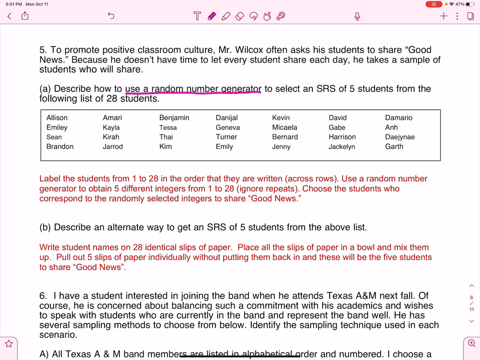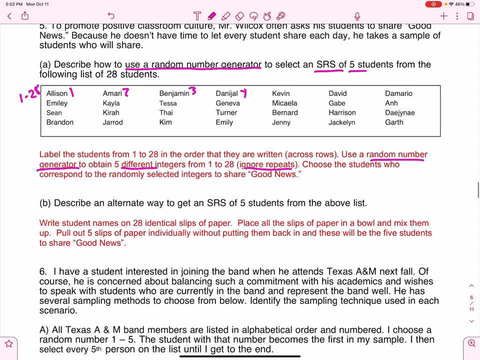I don't have a calculator on my iPad, so I can't show this to you here. For a simple random sample of 5 students, the first thing I'm going to do is label all these students 1 through 28, so Allison would be 1, and 2, 3, 4, etc. Then I use a random number generator to obtain 5 different integers, 1 through 28, ignoring repeats, because once someone is chosen, they can't be chosen again. Then I choose those students to be selected to share good news.